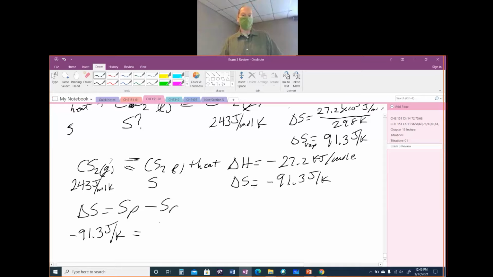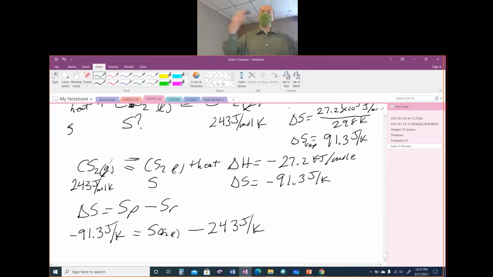The product, that is what we're looking for in this one, is the S for the CS2 liquid minus the reactants, which is 243 joules per Kelvin. And what we do know is that this CS2 gas is 243.